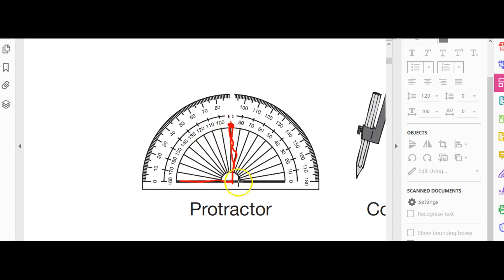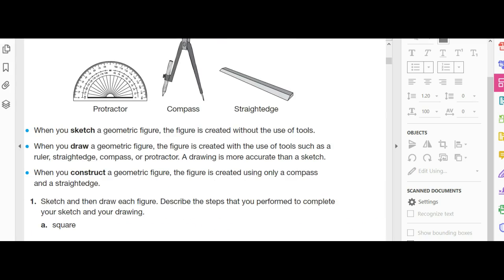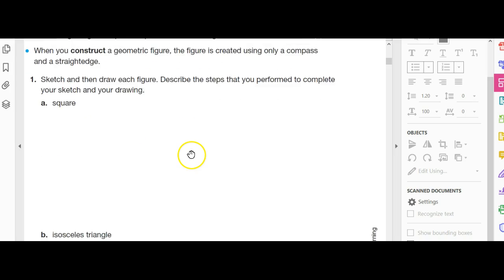And I just take my protractor and rotate it and do this again. That's how I do it, okay? So that's the idea there for how you could get that drawn, compared to how you would just sketch it.